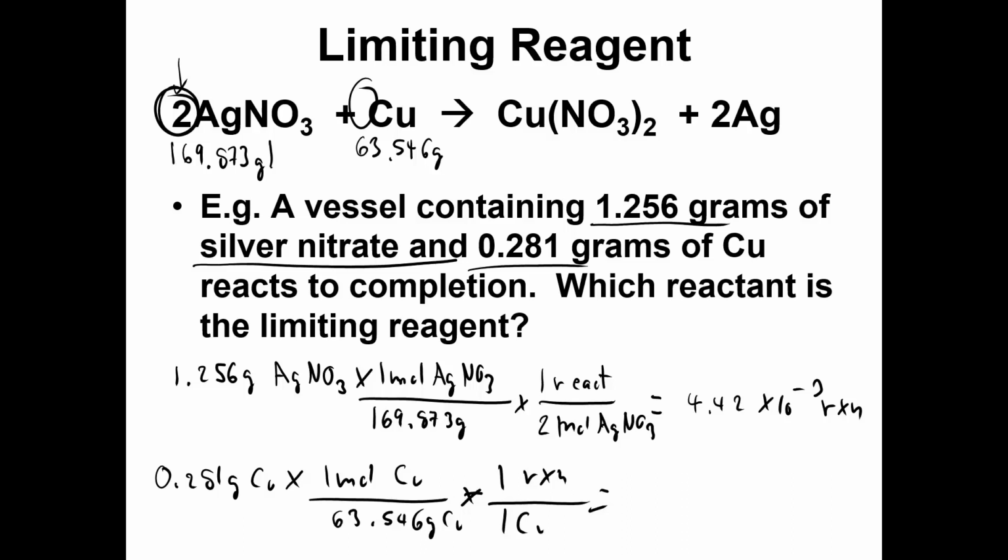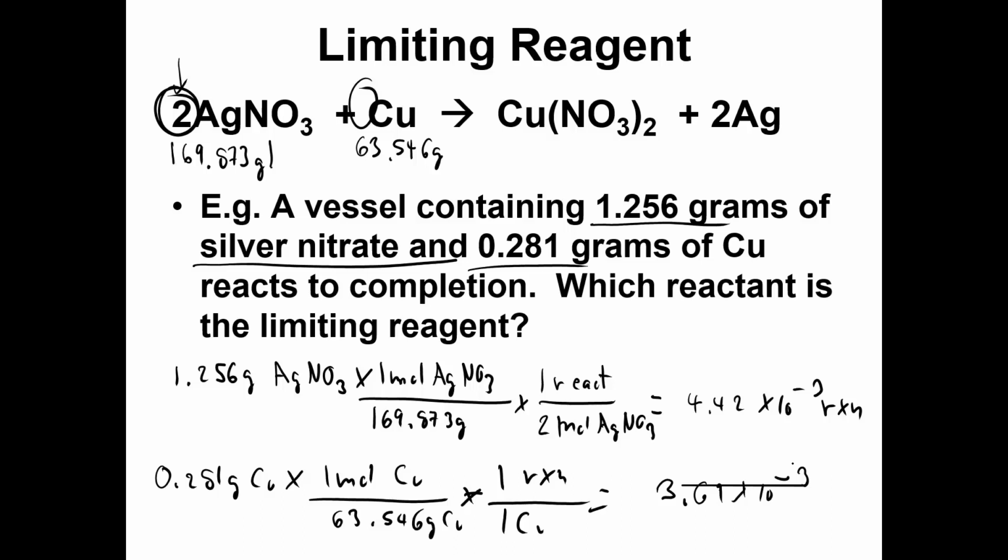And so that gives me 3.69 times 10 to the negative 3. So copper is my limiting reagent.